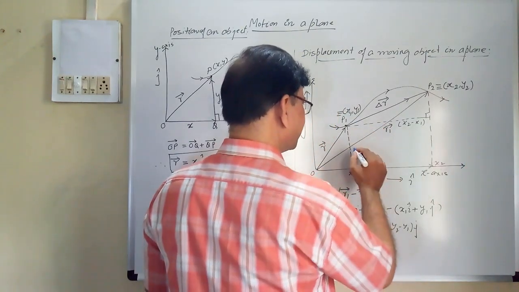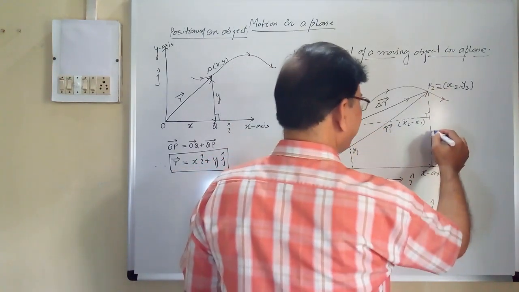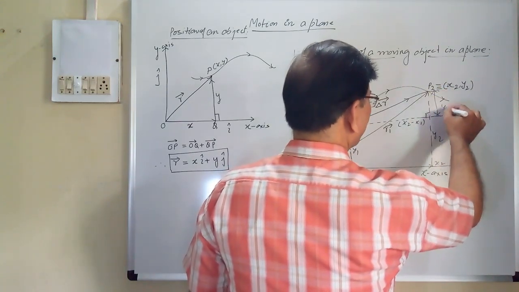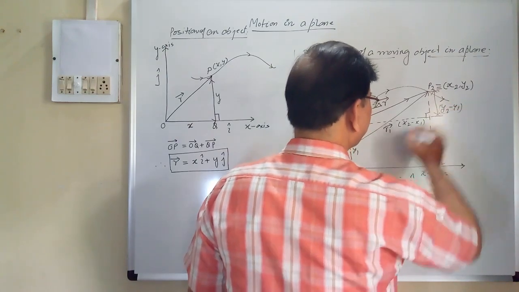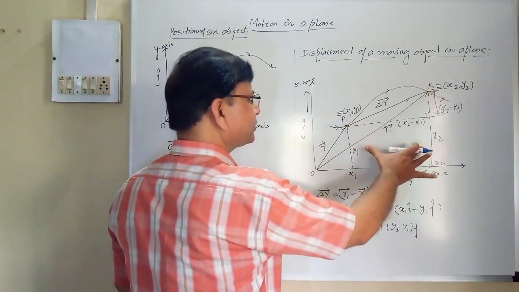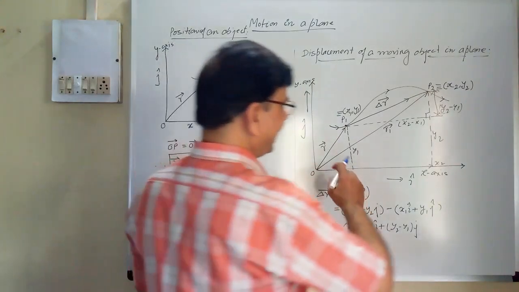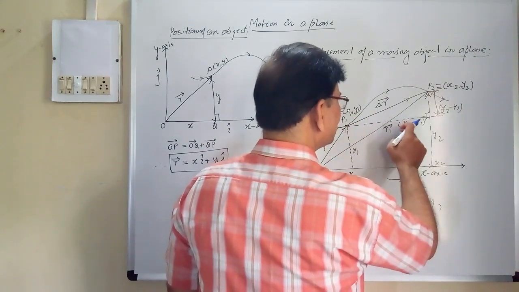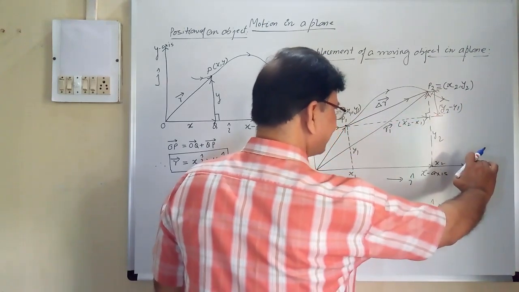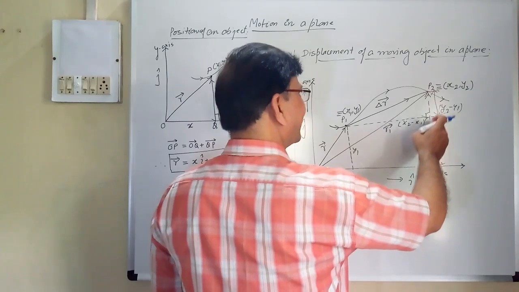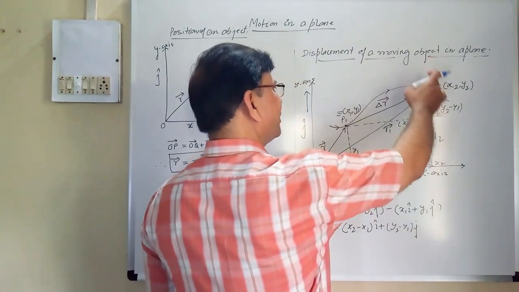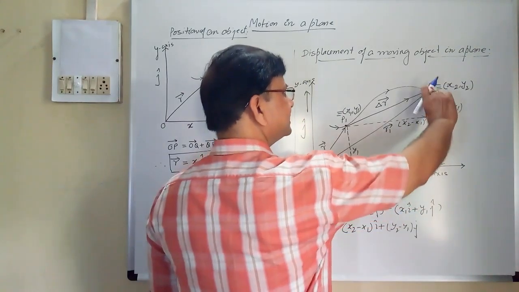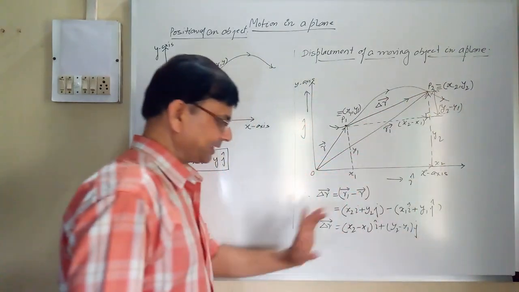Similarly, this is y1, this complete is y2, so this part is y2 minus y1. If it is represented in vector form, x2 minus x1 i is in the direction of the x-axis and y2 minus y1 j is in the direction of the y-axis. (x2 minus x1) i plus (y2 minus y1) j is equal to this delta r vector.